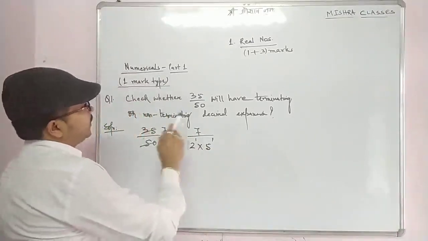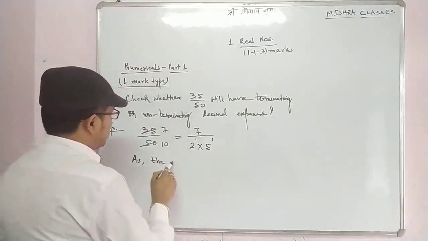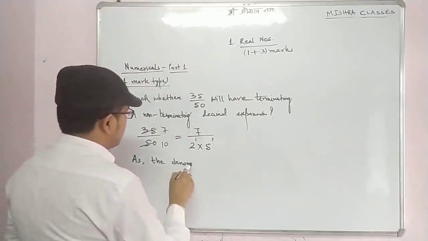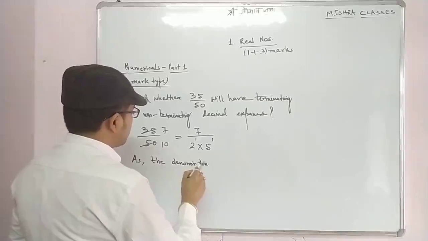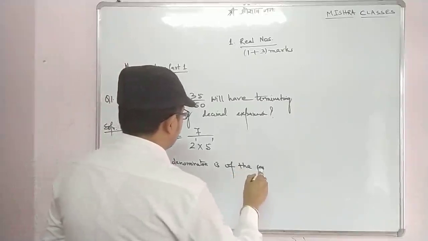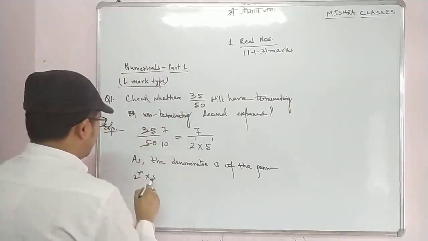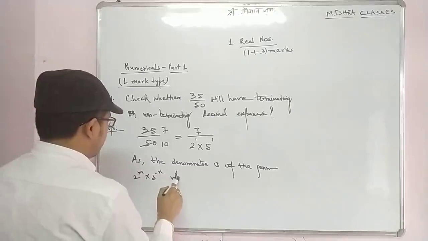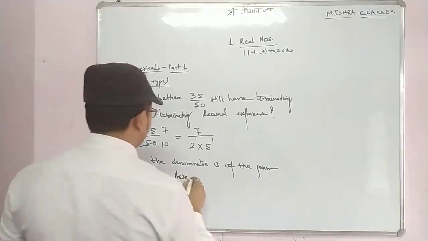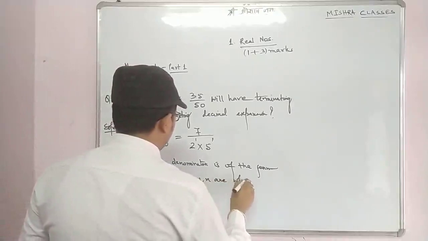Now what we see is that the denominator is of the form 2 power m into 5 power n, where m, n are whole numbers.